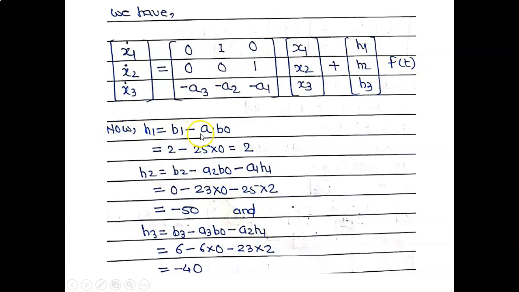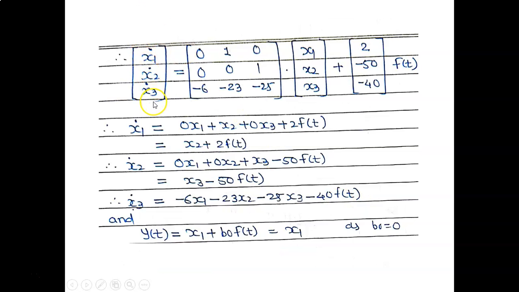Now h1 is equal to b1 minus a1 b0, so h1 is equal to 2 minus 25 into 0, which is 2. h2 is equal to b2 minus a2 b0 minus a1 h1, which is 0 minus 23 into 0 minus 25 into 2, so h2 is minus 50. h3 is equal to b3 minus a3 b0 minus a2 h1, which is 6 minus 6 into 0 minus 23 into 2, so h3 is equal to minus 40.